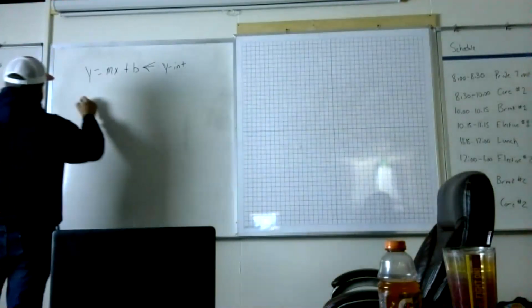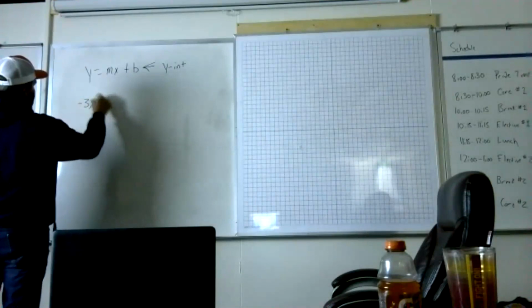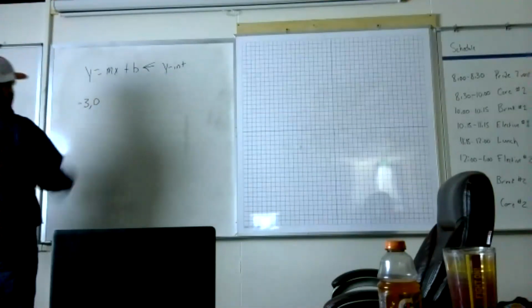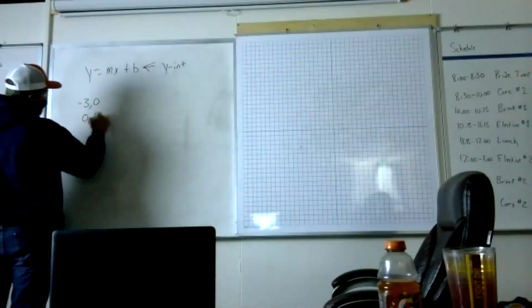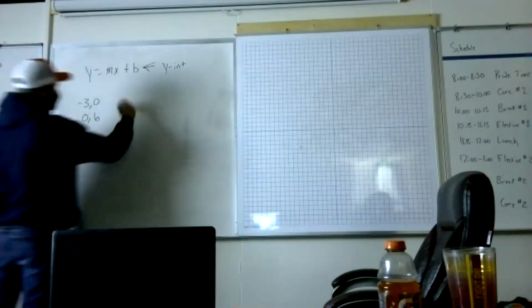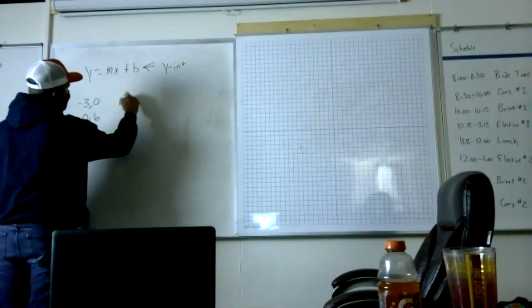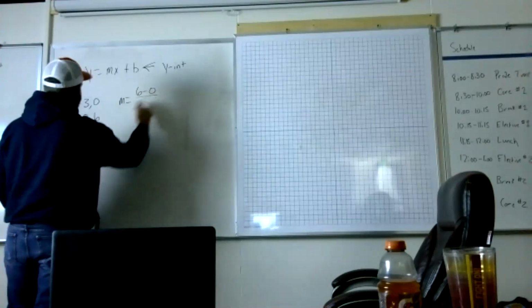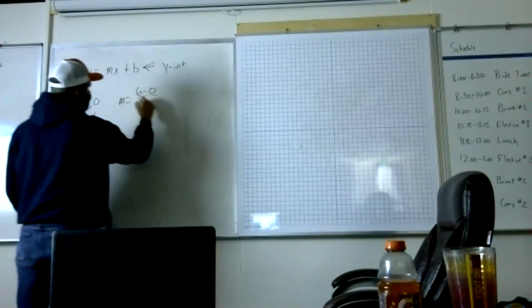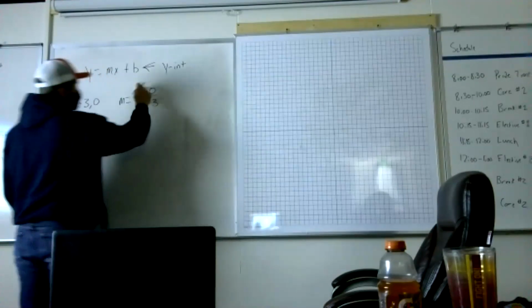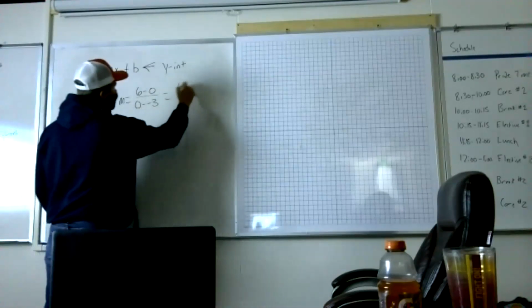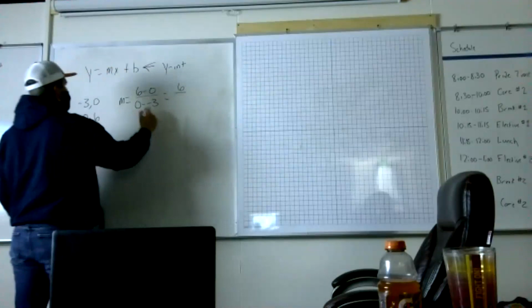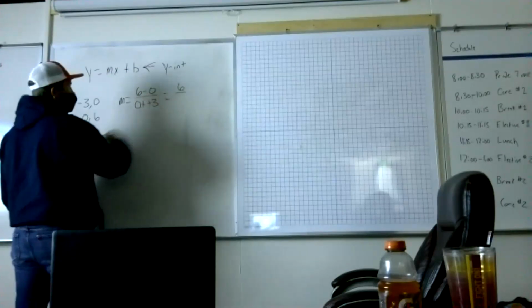In order to find the slope, if we have an x-intercept at -3, that's (-3, 0). We have a y-intercept at 6. That's at the point (0, 6). So we would run it through our slope formula with 6 minus 0 over 0 minus -3. 6 minus 0 again gives you 6. 0 minus a -3 is really 0 plus 3.